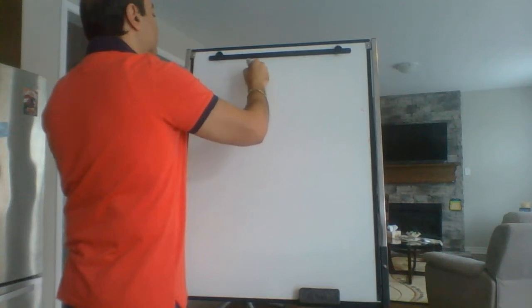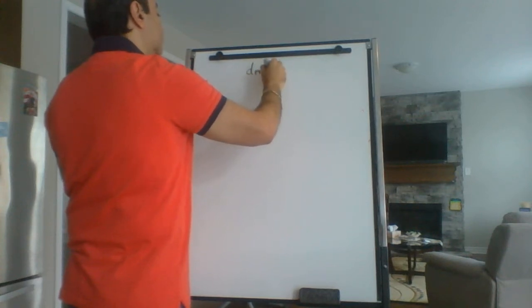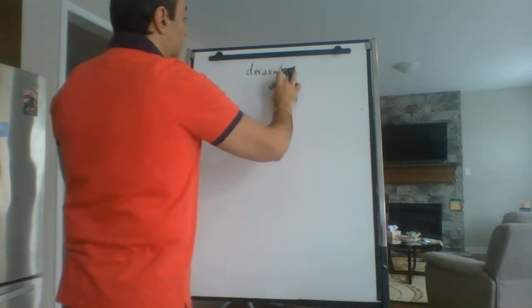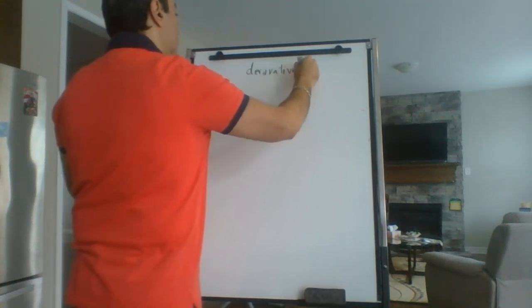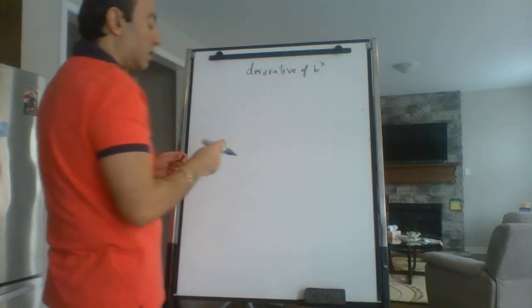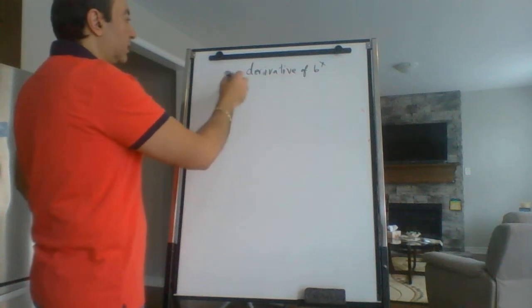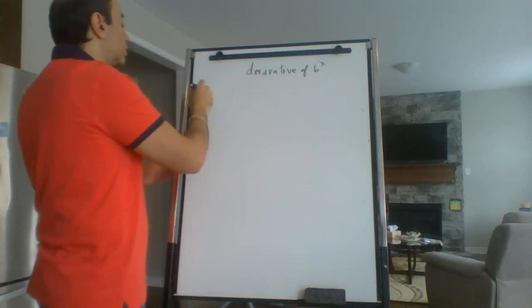Derivative of b to the power of x. Again, for the derivative of b to the power of x, we're going to use the Newton quotient rule.